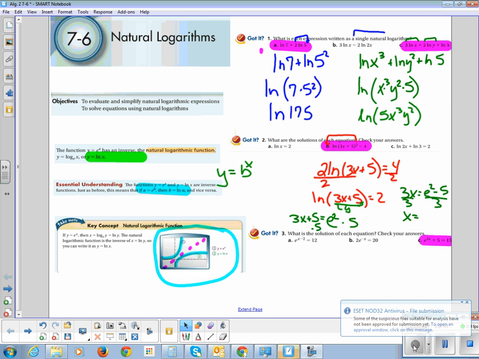And in my calculator, I'm just going to go e squared minus 5 equals, and then divide it by 3. I get 0.79.